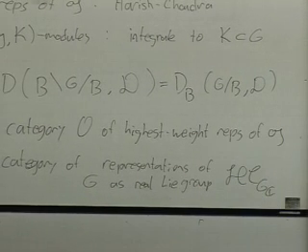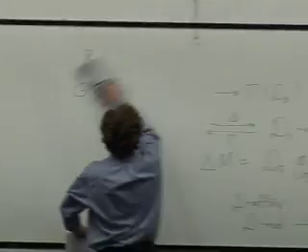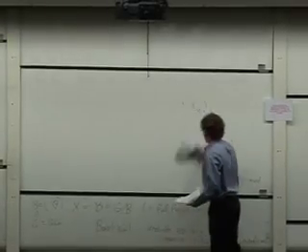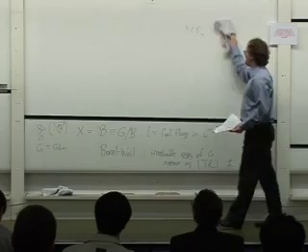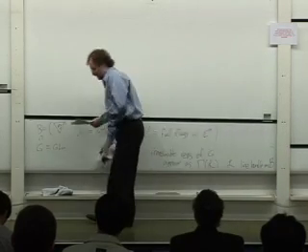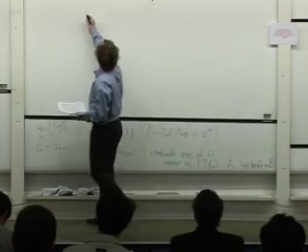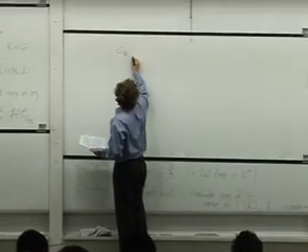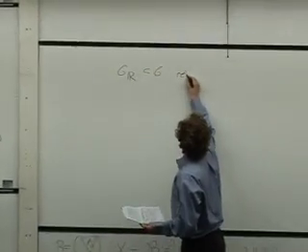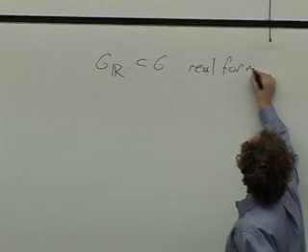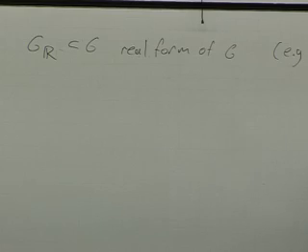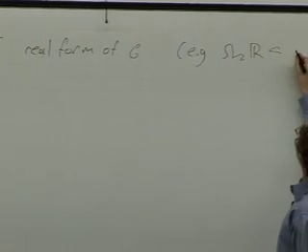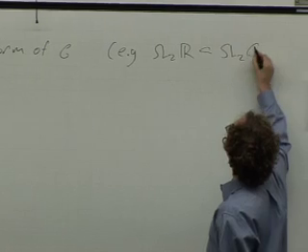So another class of representations that I get this way that's of great interest is if I want to replace complex groups by real Lie groups. So suppose I want to understand representations of a real Lie group. So suppose G_R is a real form of my group G. So I'm going to think, say, of SL2R inside of SL2C.